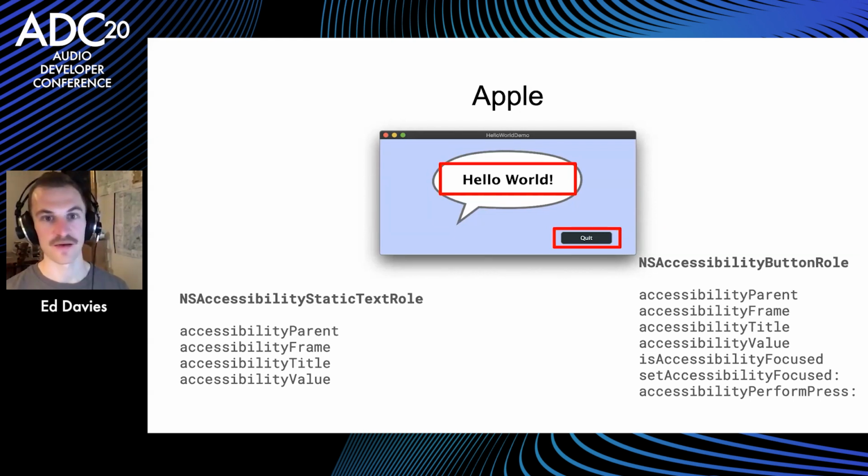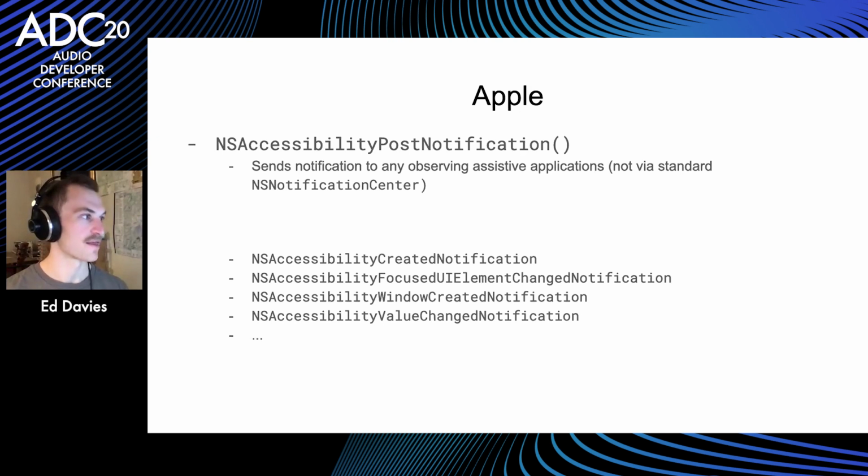And we also need some way of notifying accessibility clients of changes within our app. So there's the NSAccessibilityPostNotification method, which will send a notification to any observing assistive applications. So that could be screen readers. And this doesn't go via the standard NSNotificationCenter method because there's a little bit more going on behind the scenes.